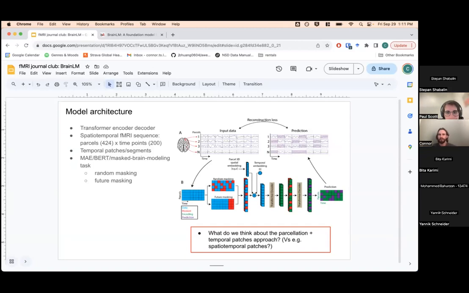Yeah, I guess one question I have. For the temporal only approach, it would obviously be a lot cheaper computationally. Right, yeah, exactly. But what's the difference between the types of downstream tasks that you can do with the temporal compared to the spatiotemporal?